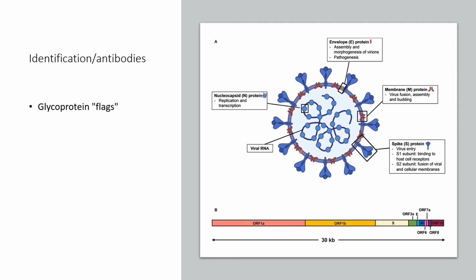Very often, these are in the form of things called glycoproteins. So think of glucose, a sugar. Glycoproteins are sugar proteins, they're combinations that basically act as flags saying, hey, this is who I am, what I am. And this is how antibodies work. Your body learns to identify this very specific protein for certain viruses or certain diseases.